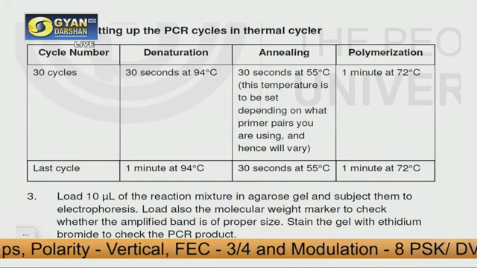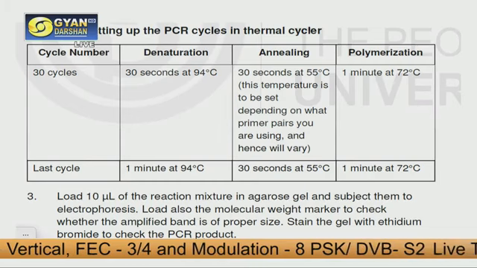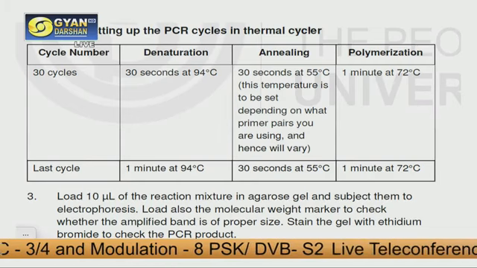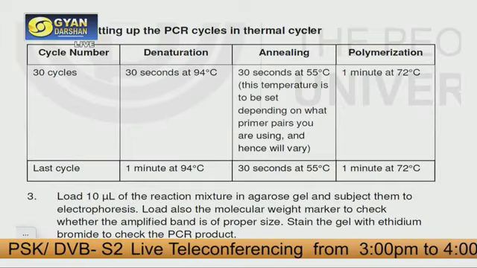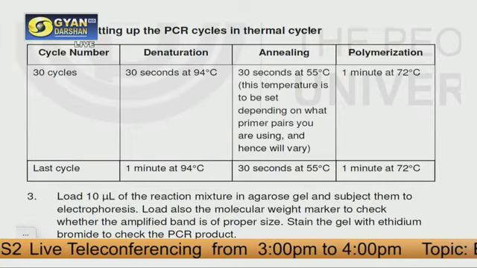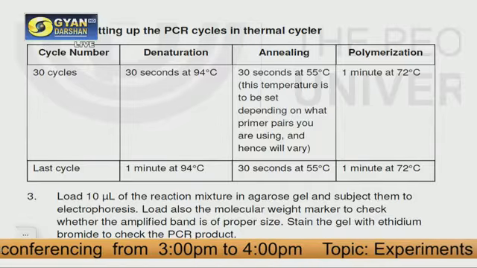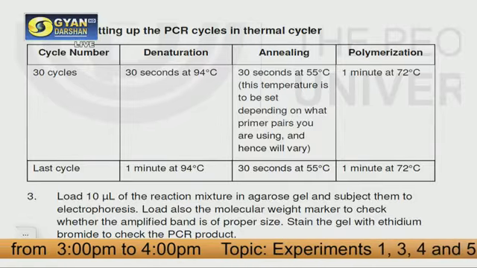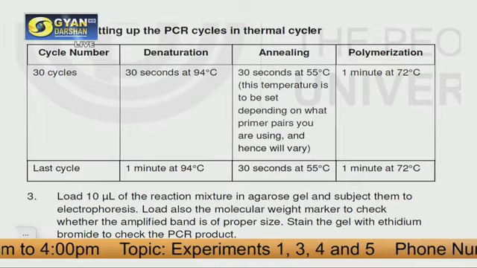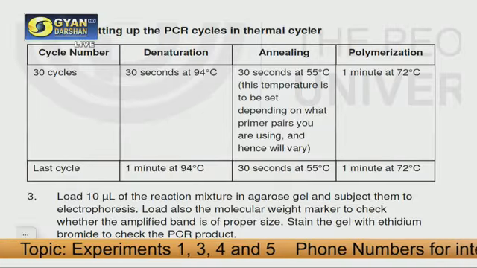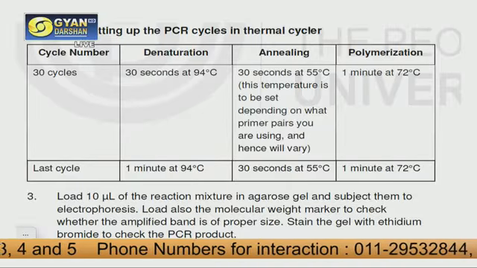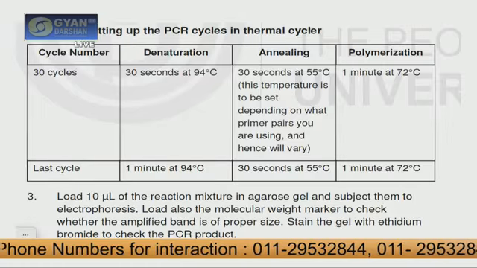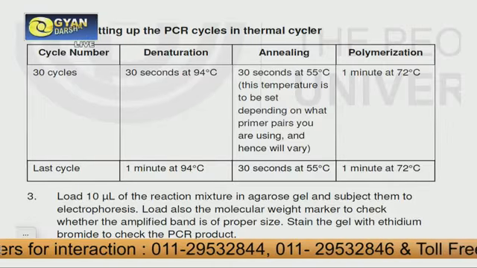So cycle number 30 cycles, denaturation step 94 degrees, say 30 seconds, annealing, again let's say 55 is the annealing temperature or Tm that you have calculated. So 30 seconds, it may extend to 1 minute. Polymerization 72 degrees centigrade 1 minute. Last cycle, that is 1 minute at 94, 30 seconds at 55 and 1 minute at 72 degrees centigrade.